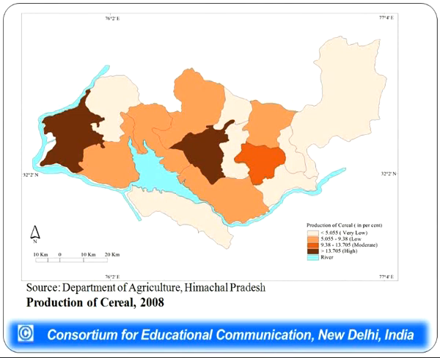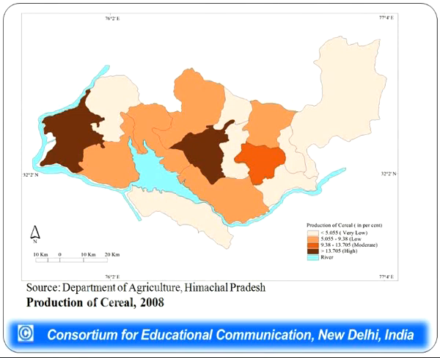Now you can see in the high hill region we have very low cereal production, and also in the Shivalik closer to the southern part, but in the middle we have moderate cereal production, because of the good water availability and relatively fertile soil in this zone.